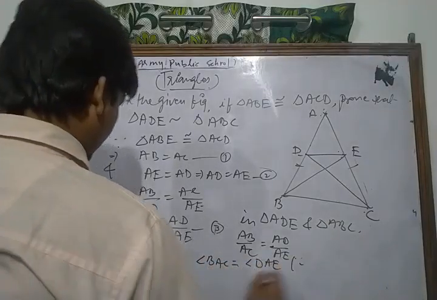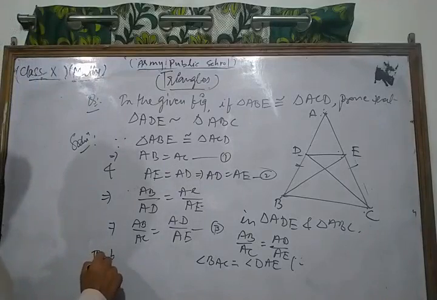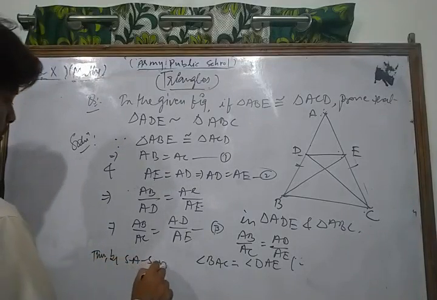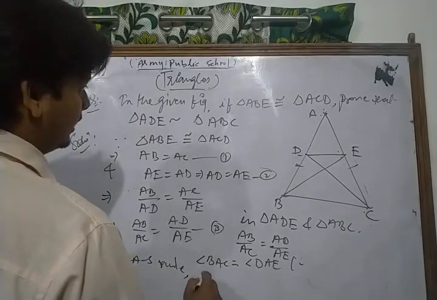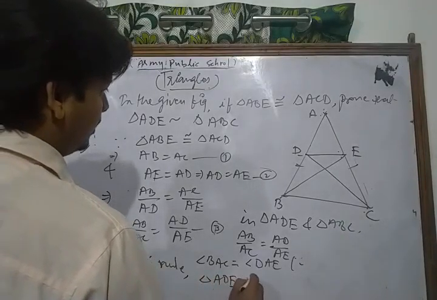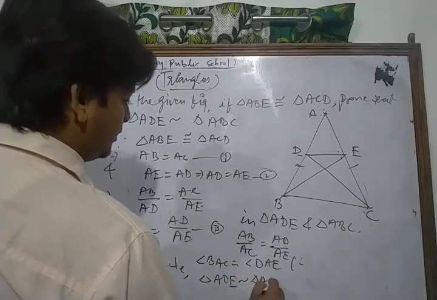This is common. Thus, by the SAS rule of similarity, we write triangle ADE is similar to triangle ABC.